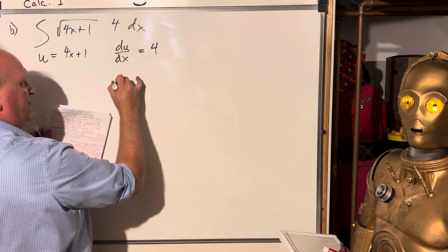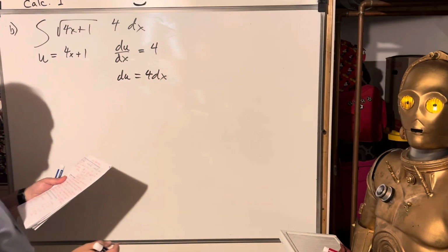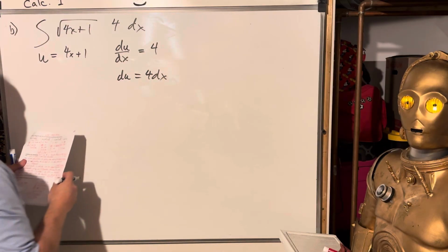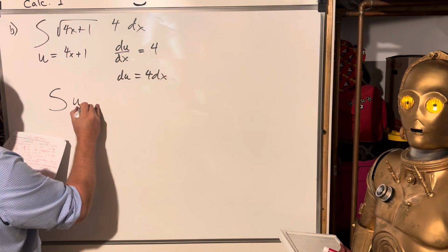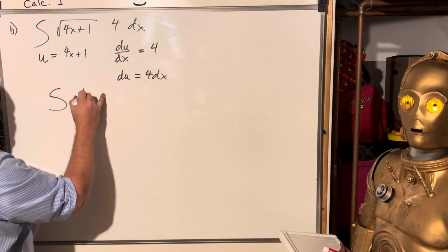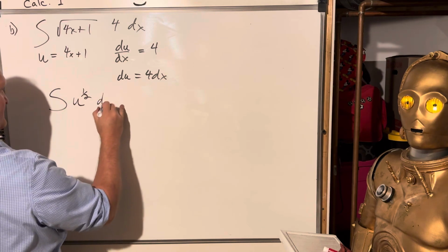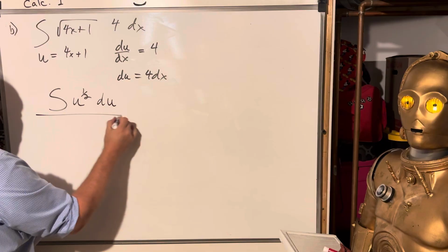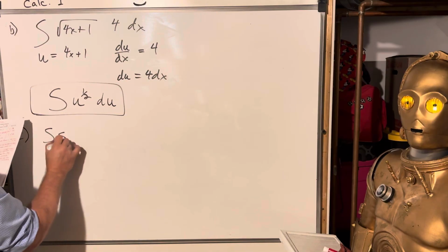And then I solve for du is equal to 4 dx. All right. And so my integral is u to the 1/2 power du. That's all they want us to do for these. Let's look at the next one.